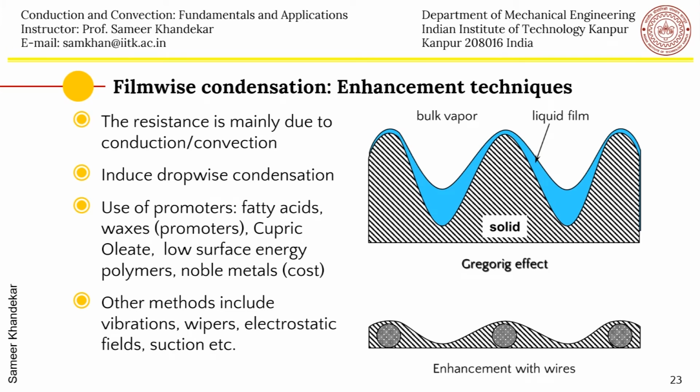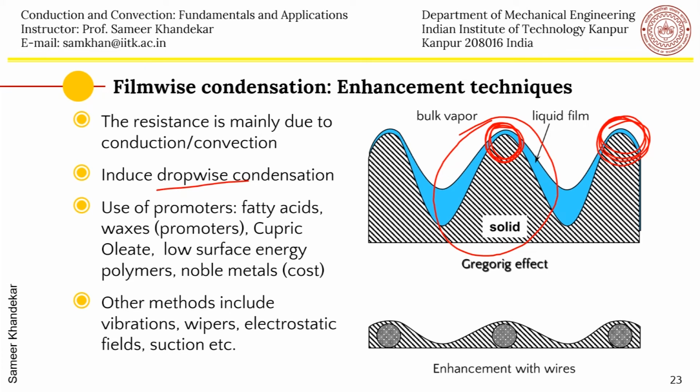As I just said, drop-wise condensation is much better than film-wise condensation, because there these films are not formed and therefore the resistance to the flow is quite low. And how do you do that? One has to make sure that the wettability of the particular fluid on the solid is poor, and therefore your contact angles are more like this rather than like this.